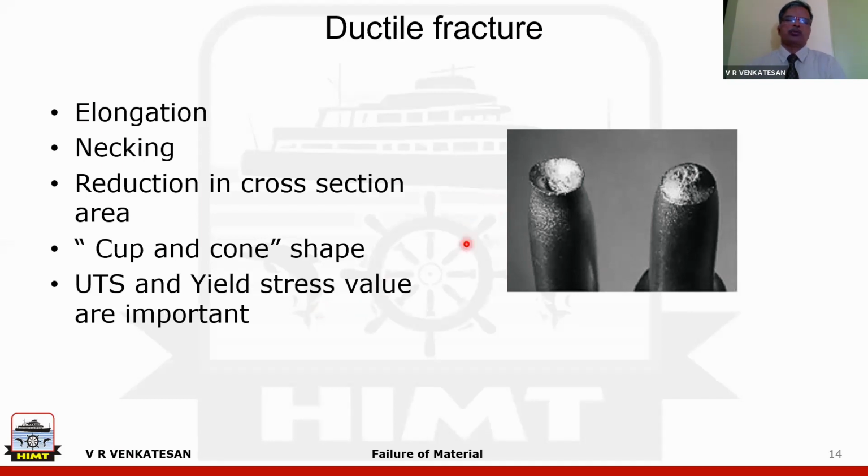And to prevent ductile fracture, if you are thinking about the material's property, what is important is the UTS value of the material and also the yield stress value of the material. So you must select material with the correct yield stress according to the load that is being applied on the component.